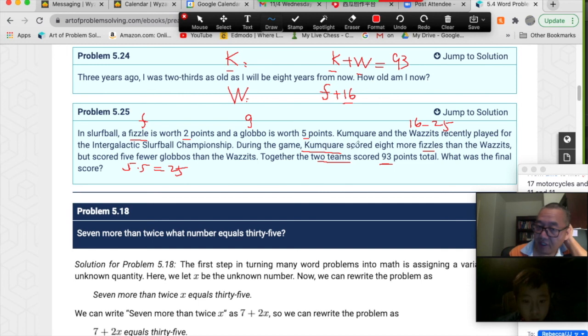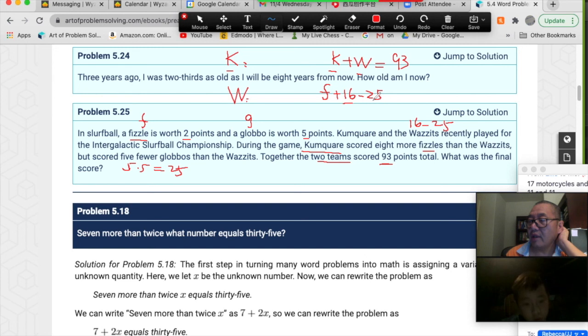This team scored 8 more fizzles, but 5 fewer globos, so that's 16 minus 25.